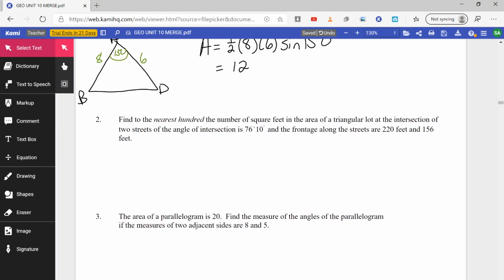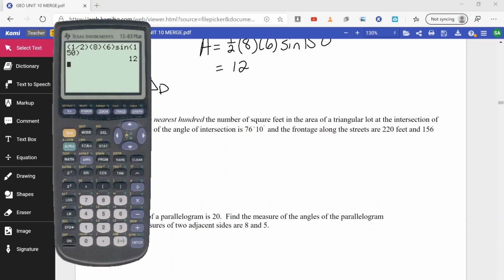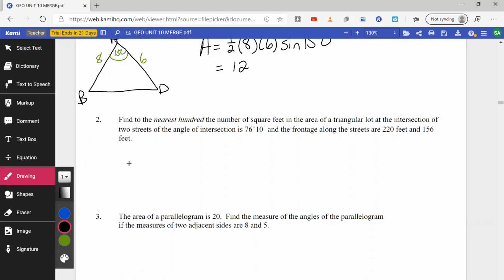Now we have to find, to the nearest 100, the number of square feet in the area of a triangular lot at the intersection of two streets. The angle of intersection is 76 degrees, and the frontage along the streets are 220 feet and 156 feet. So here we have two streets, so we want to draw a nice little picture. We know we have a triangle.